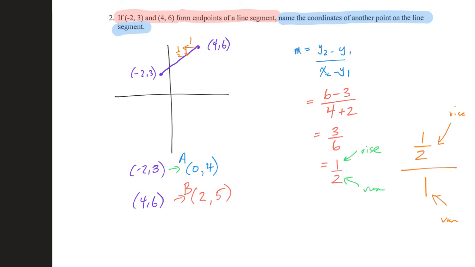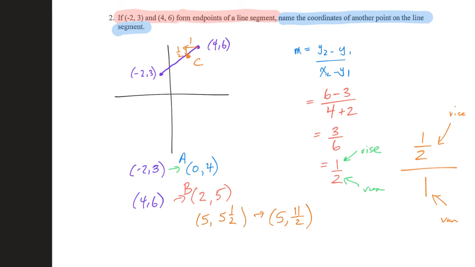And so maybe you finish at this point that I'll call point C and say we are back 1, so that is 5, down 1/2. Well, 6 subtract 1/2 would be like 5.5. But we know that that's not great form, so we would actually put that as 11/2 as our y coordinate.